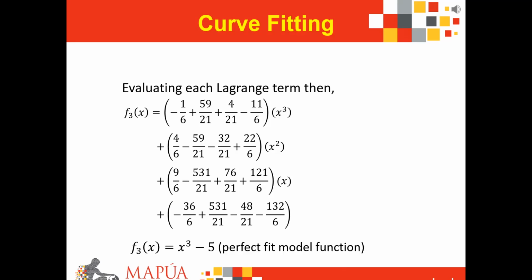Therefore, your cubic function, when simplified, is simply x cubed minus 5, which eventually shows a perfect fit model function onto your given data set, such that when we substitute the value of x there on your given data set, your given respective function will then reflect as based from this given perfect fit model cubic function. This ends Module 2, Lesson 7.